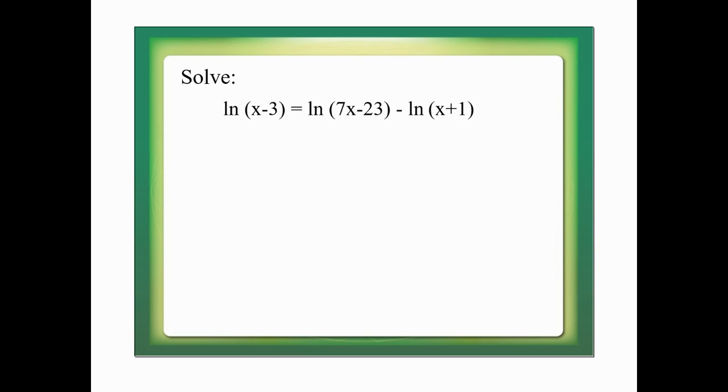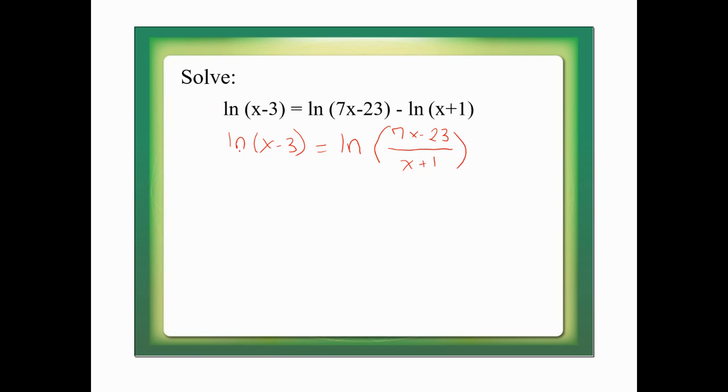All right, one of our last problems we're going to do together. Notice we have natural log on both sides of the equation. So when I condense, I'm going to end up getting the natural log of x minus 3 equaling natural log of 7x minus 23 divided by x plus 1.